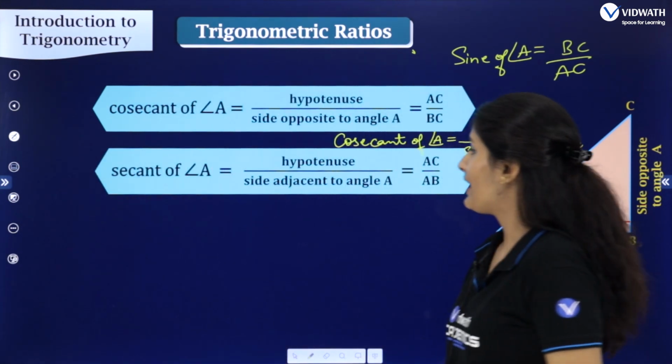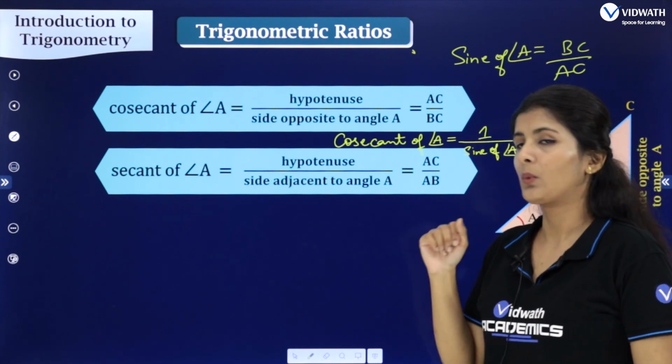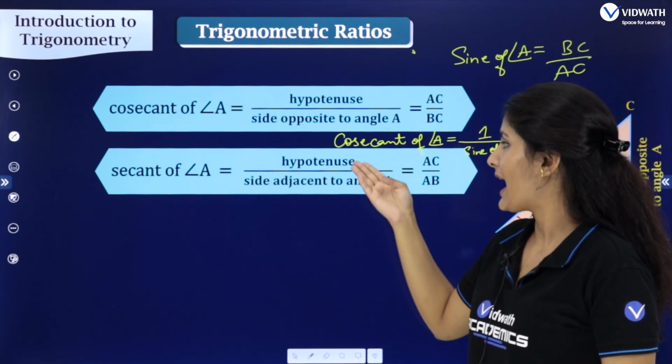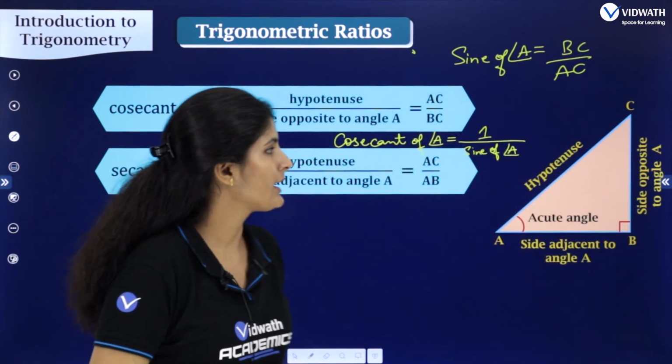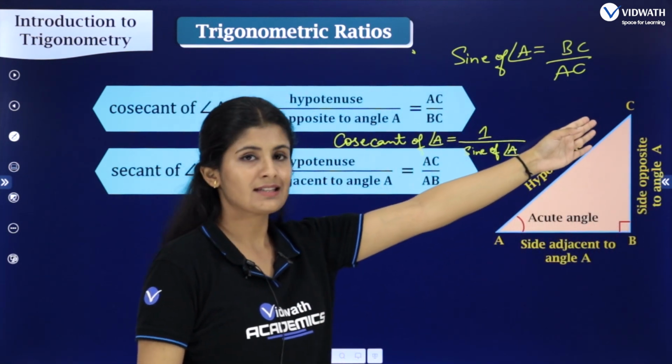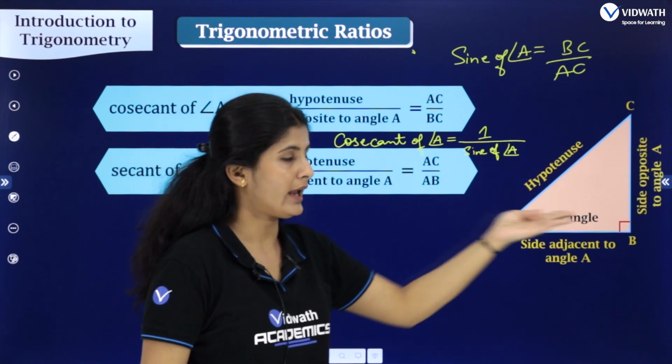Next, we can define secant of angle A, which is the ratio given to us by the hypotenuse by the side adjacent to angle A. Here the hypotenuse is AC, and the side adjacent to angle A is AB.